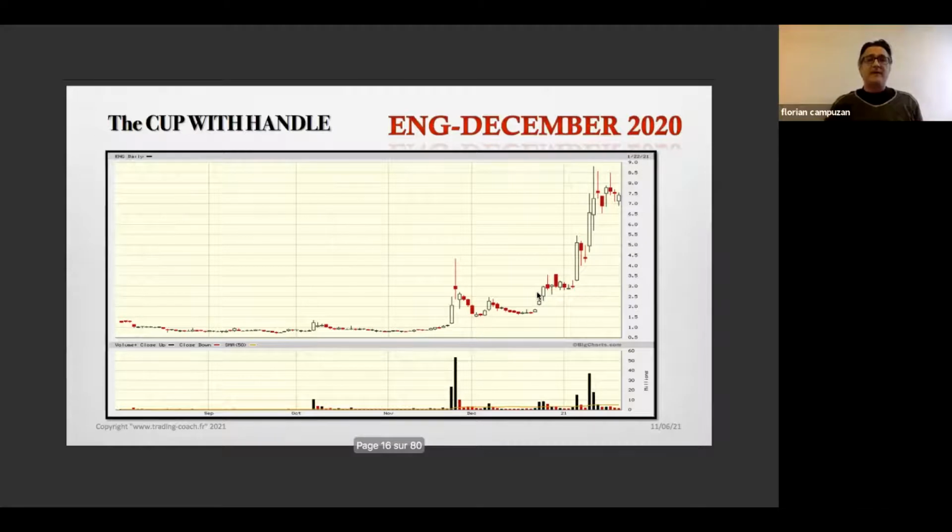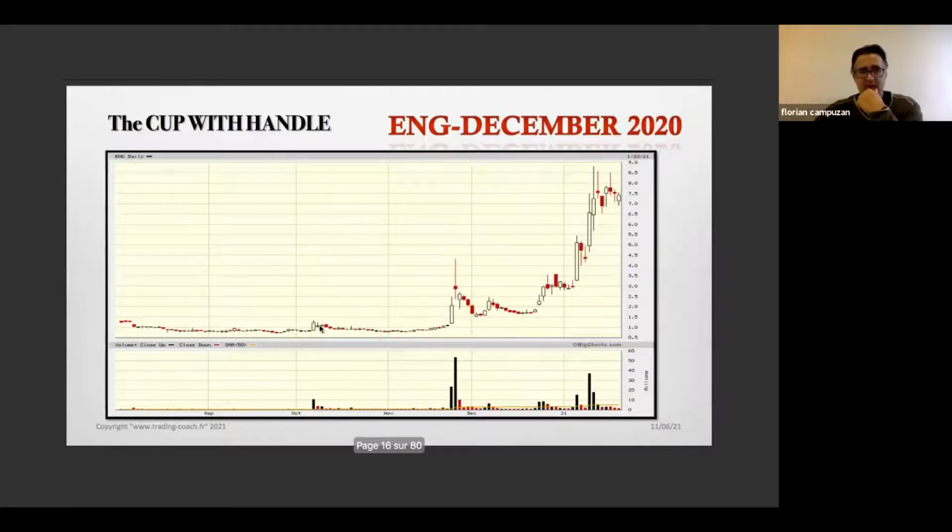But in fact, if you look at this pattern, it's not perfect. But it was enough, because what was the story of the stock? Here there is a first spike, a huge movement. It's about a 20-30% bar, with huge volume, 10 millions.